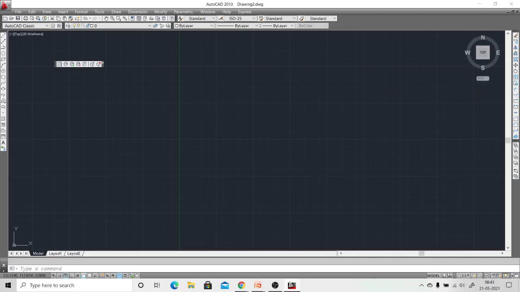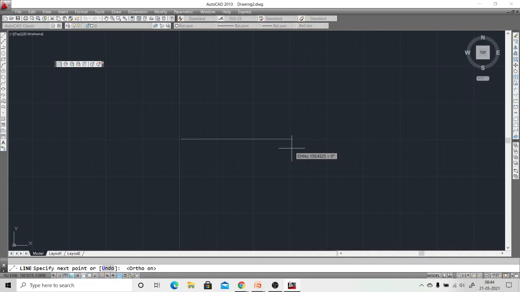Now, we just look here. Draw a line of length 25 mm. If you are not comfortable drawing 25 mm, just scale up to 2 times.